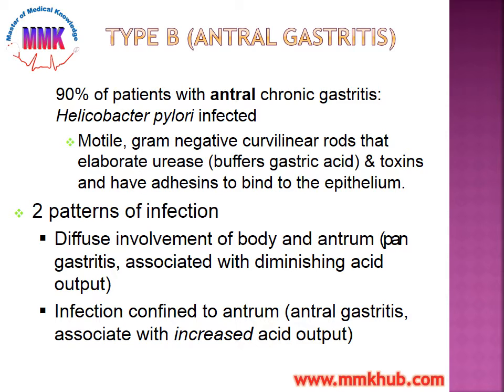There are two patterns of infection. One is diffuse involvement of the body and the antrum, leading to pangastritis, which is associated with diminishing acid output, and the second is infection confined to the antrum, leading to antral gastritis, which is associated with increased gastric output.